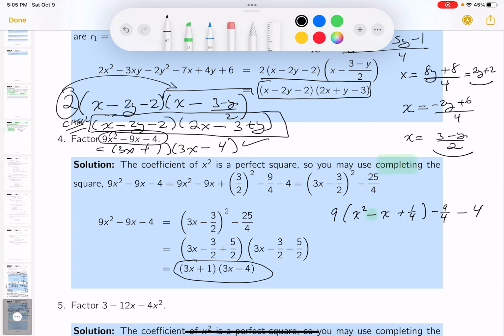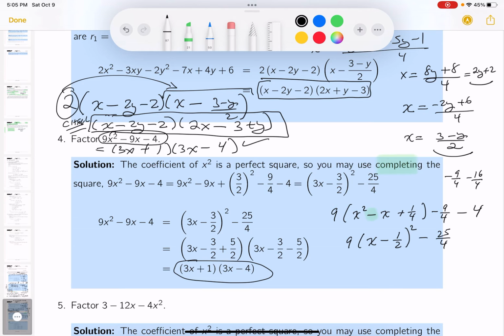What do you get up here? 9 times x minus 1/2 quantity squared. And then if I do this over here, it's minus 9 quarters, minus 16 quarters, which is minus 25 quarters. All right? And over there, what you get, it's a perfect square problem. And someone says, what do you mean by that? I'm seeing it.